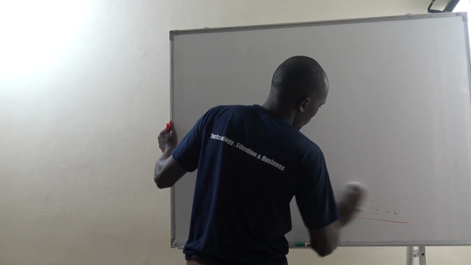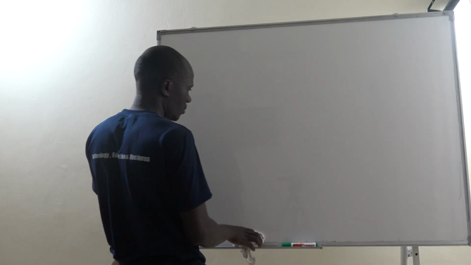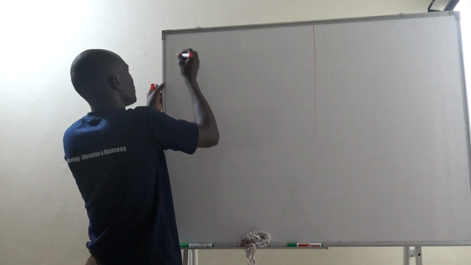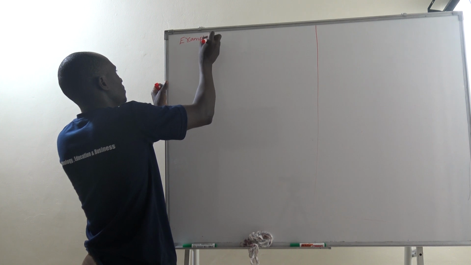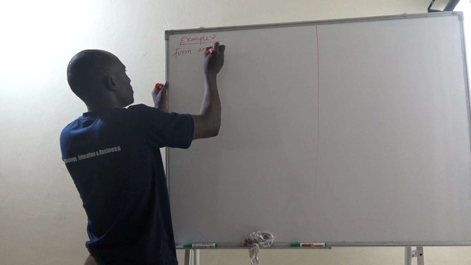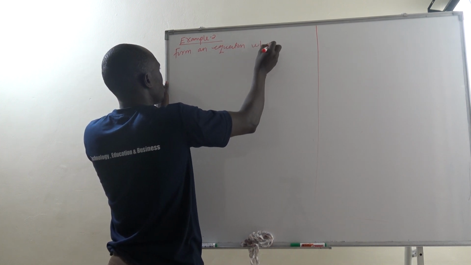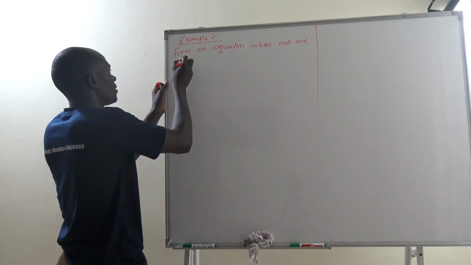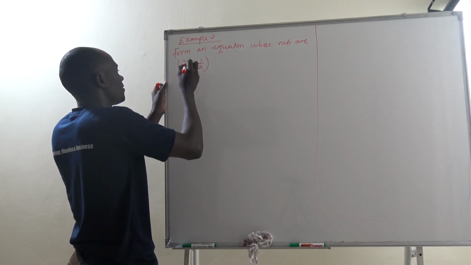Form a quadratic equation whose roots are 3 over 2 and a half.